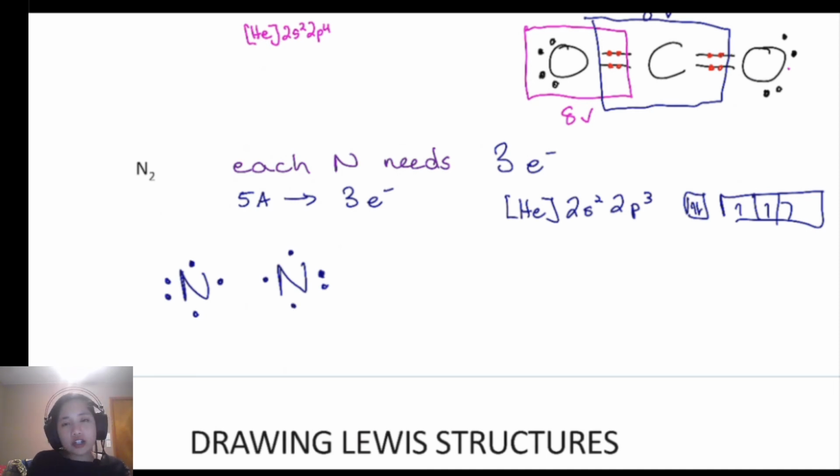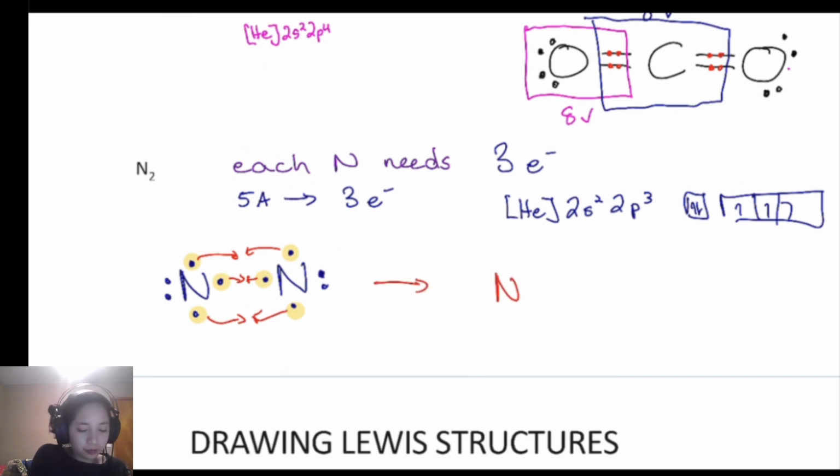You can see each of these lonely neutral nitrogens has 3 single electrons, and each nitrogen needs 3 electrons. So very simply, each one of these lonely electrons is going to pair with the other lonely electron, and we are going to form a triple bond.